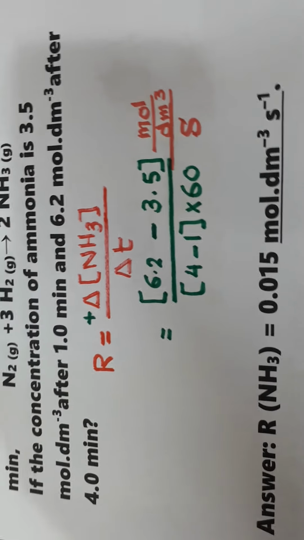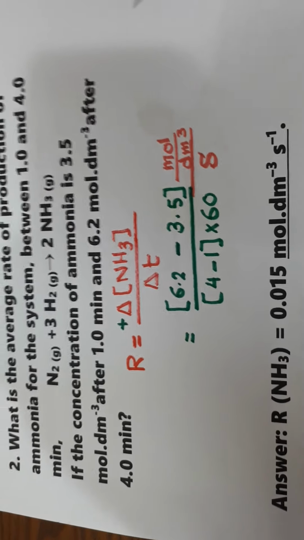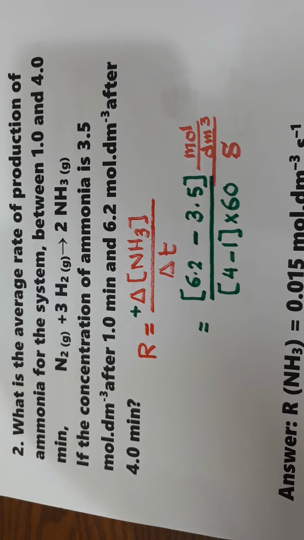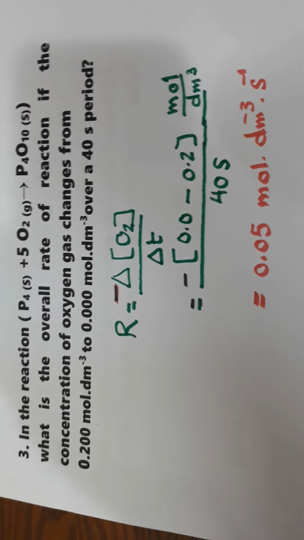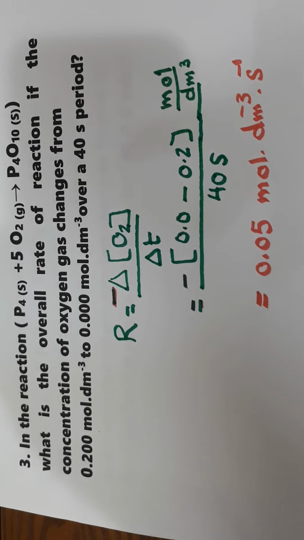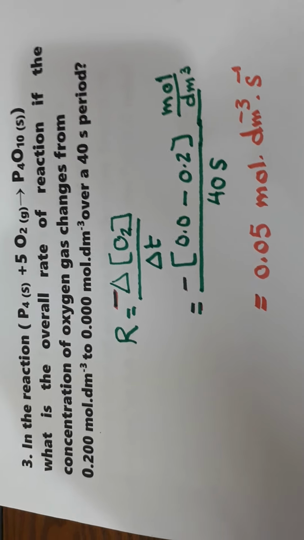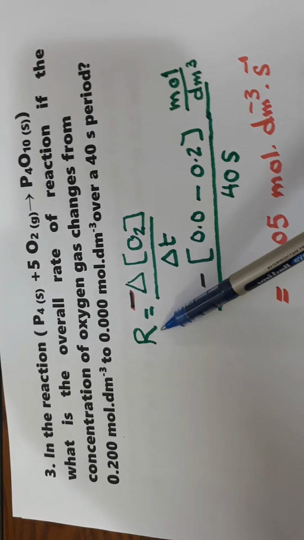The second example, the same thing. You can apply the same rule and the same method. If you choose one of the reactants, or the data in the question depends on one of the reactants, it is the same method, but don't forget the negative sign.